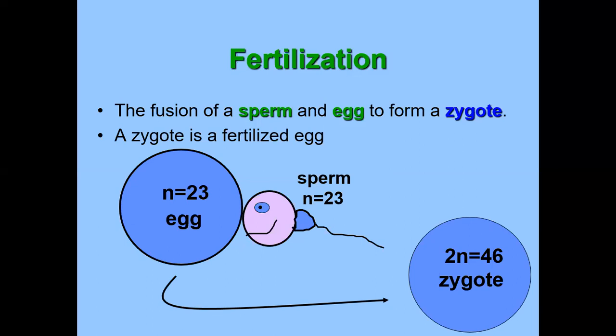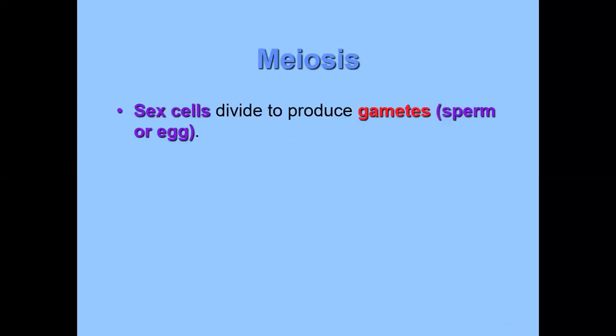These germ layers form all the body parts of the organism. So meiosis occurs during sexual reproduction, in which gametes are required.